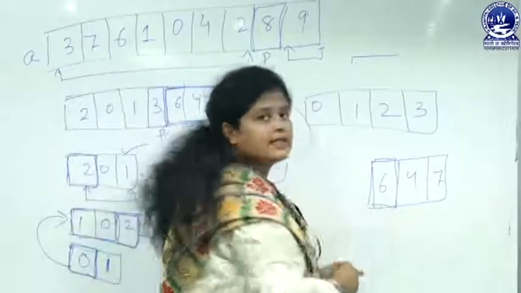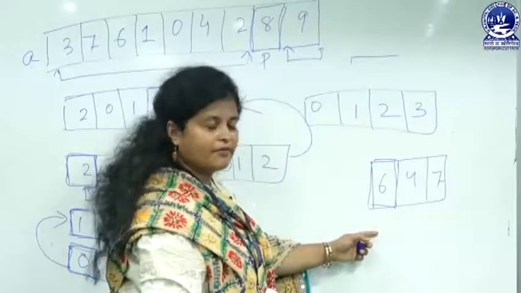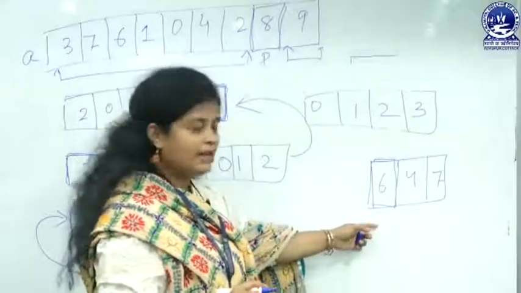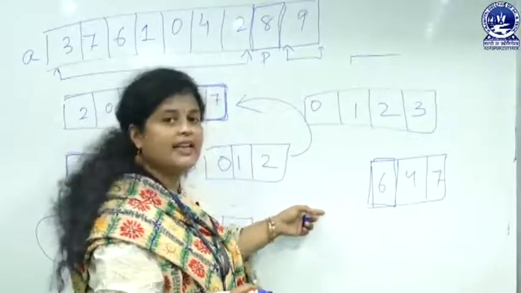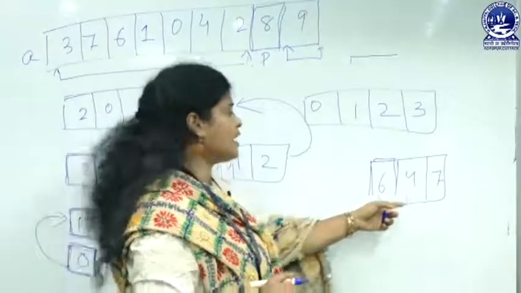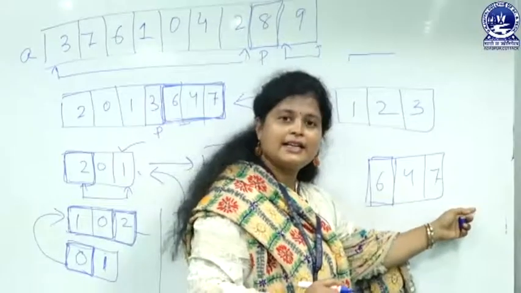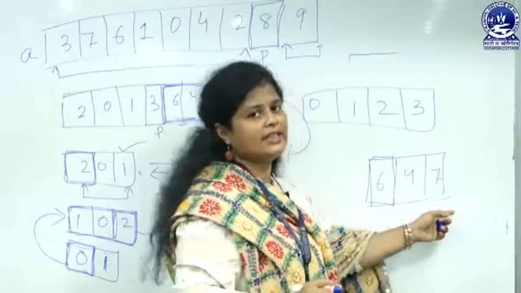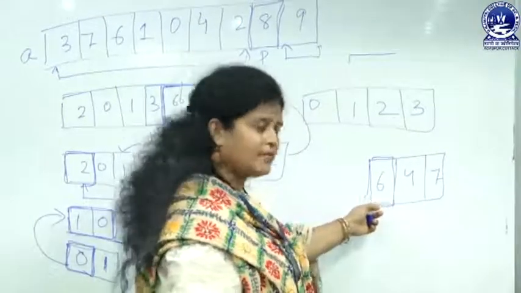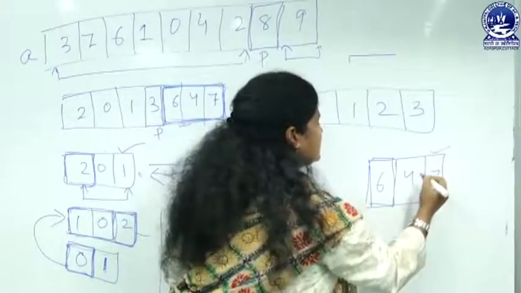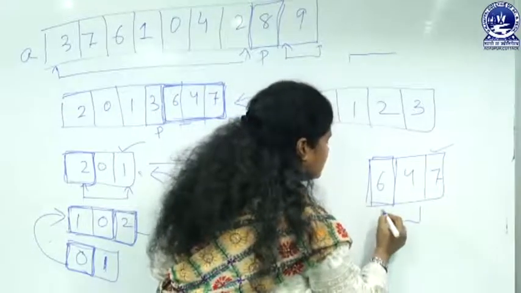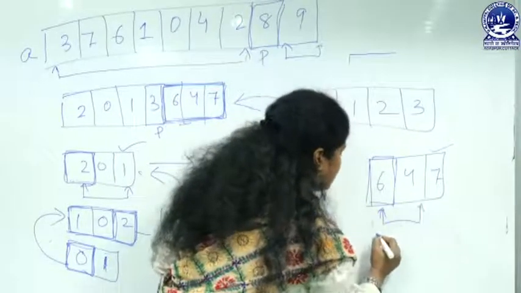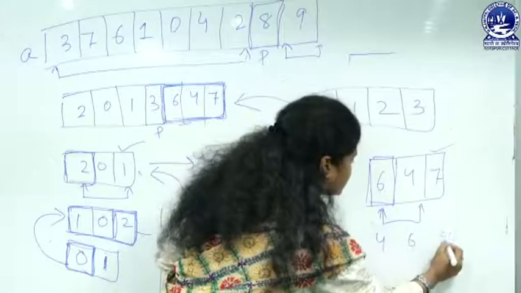Suppose in the list I will choose 6 as pivot, then according to the rule, as it is not having any left side list, we will compare from the right side, and according to the rule all the right side elements must be greater in value in comparison to pivot. So, as it is violating the rule, the list will be 4, 6, then 7.